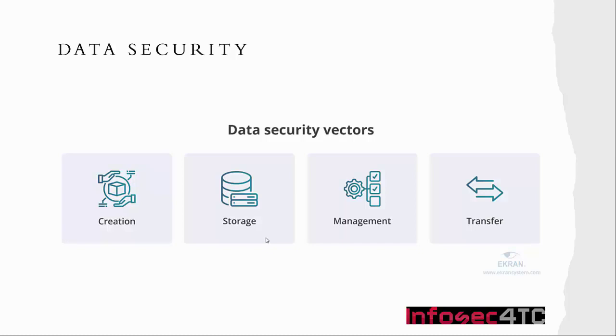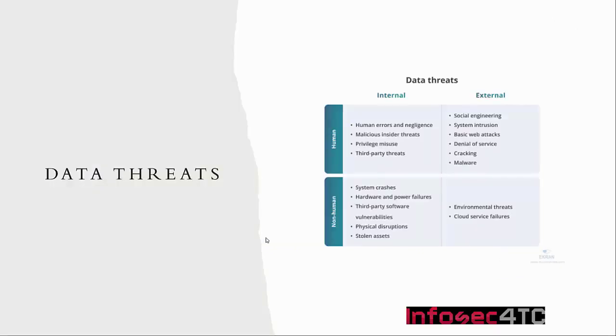We can also encrypt data while it transfers from one channel to another using encrypted protocols and so on. So data is very, very important, and we must protect it using encryption. And trust me, encryption and access control are very, very valuable controls to protect your data.